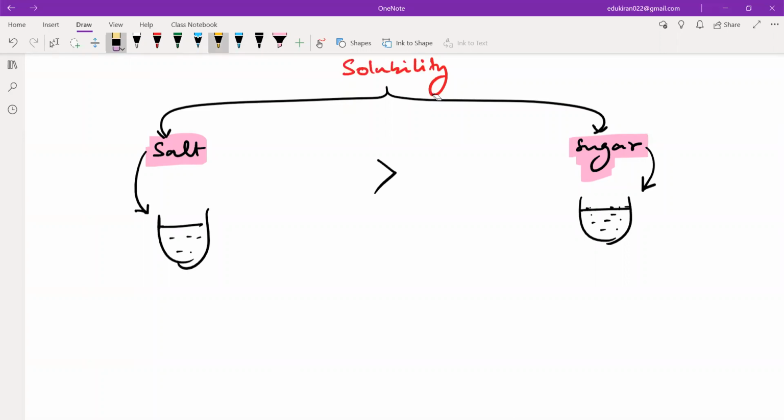This is the first thing that we will write about solubility. It is the capacity of getting dissolved, and we are talking about the solutes. Remember this. So what we will write here is the definition of solubility. Solubility is the maximum amount of substance.